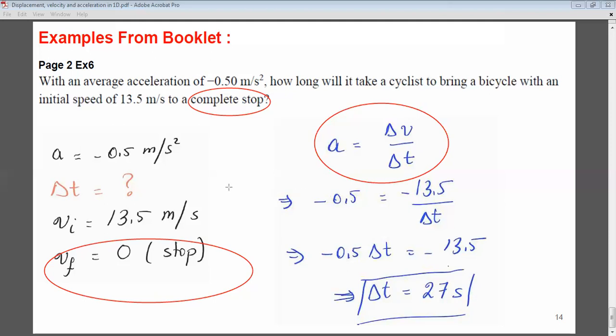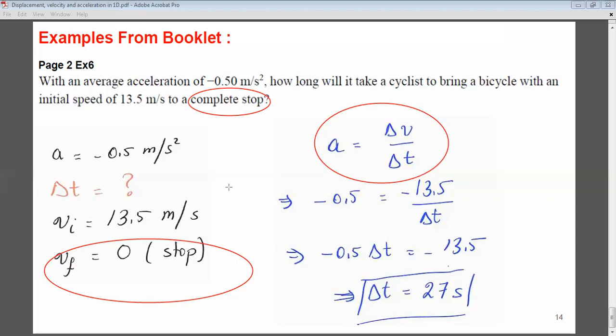So this is all about displacement, velocity, acceleration. One thing I have just realized that I forgot to mention in this presentation, but I'm going to add it: one slide on units.